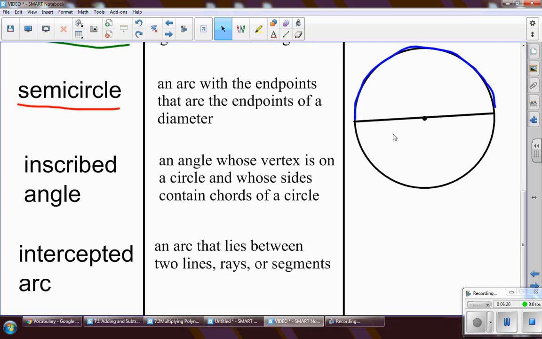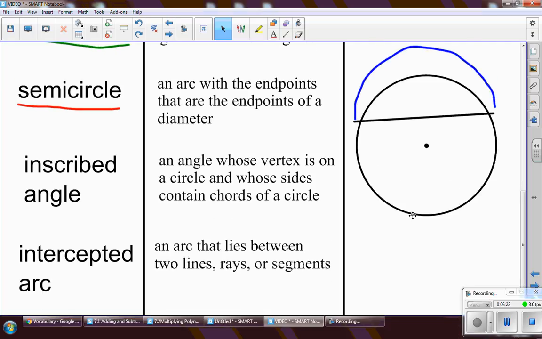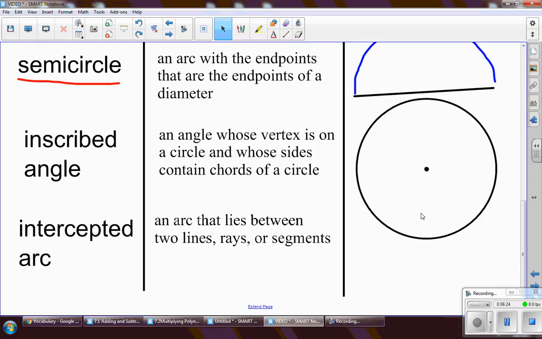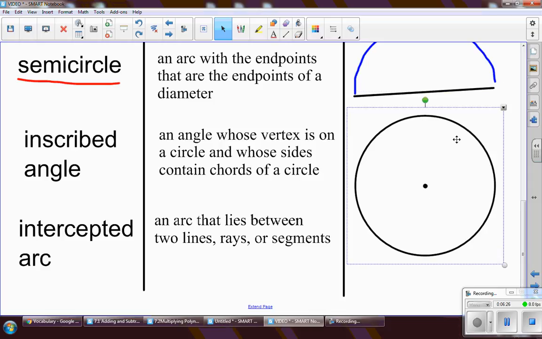All right. We also have types of angles other than a central angle in a circle. One of them is called an inscribed angle. An inscribed angle is inside the circle. It's an angle whose vertex is on the circle and whose sides contain chords of a circle.